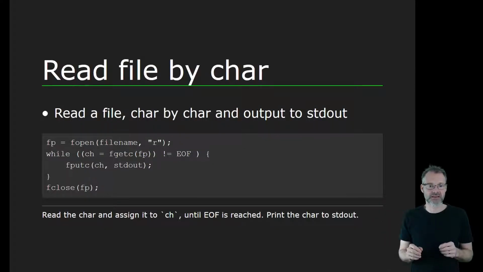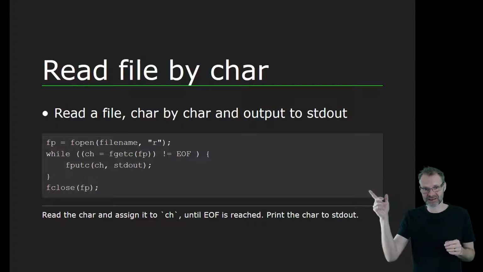So here we get our small program reading a file char by char, and this is basically the same example structure where we have an eternal loop where we read with fgetc, character by character, until we have reached the end of file, and each time we do that, we do an fputc and put it out to the standard output.